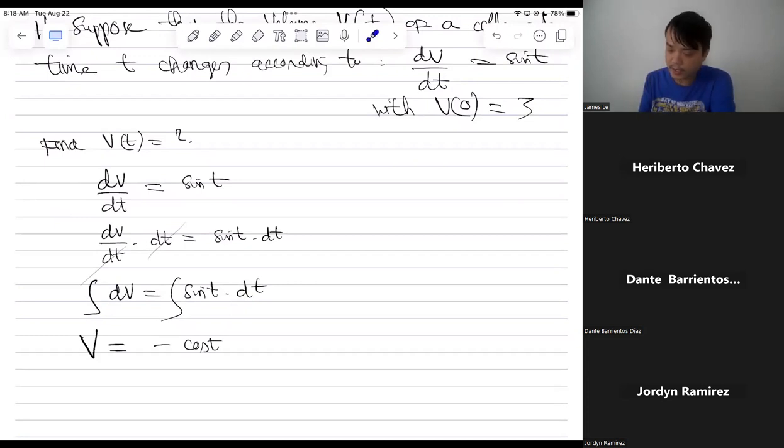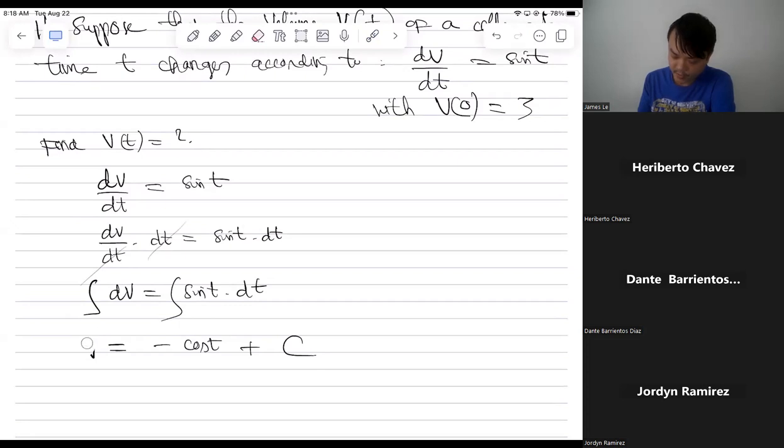And because the integral right here doesn't have limits, this is an indefinite integral, so we need to add c. We only add c on one side. Think about if you add c on the left side also, it's still the same.